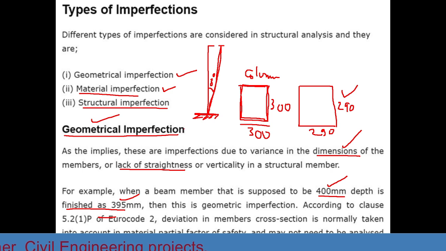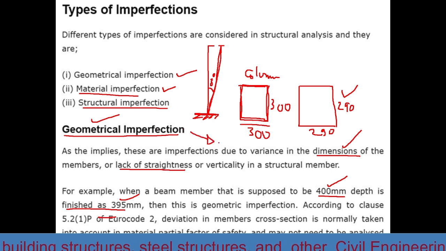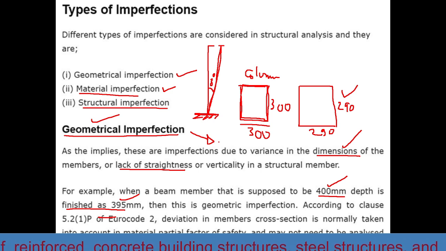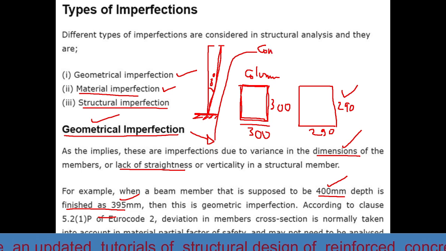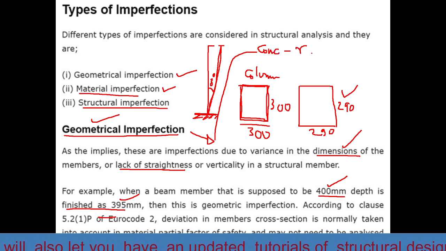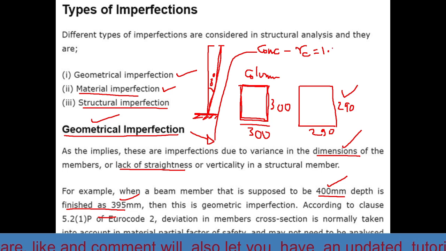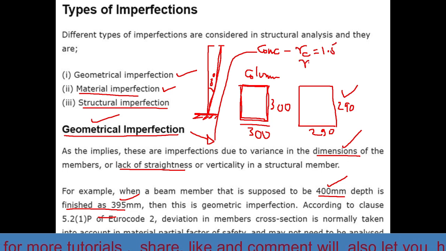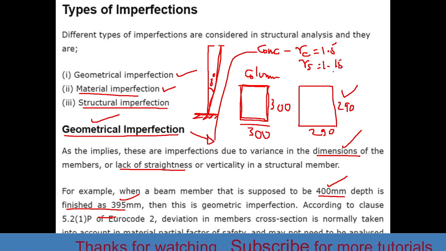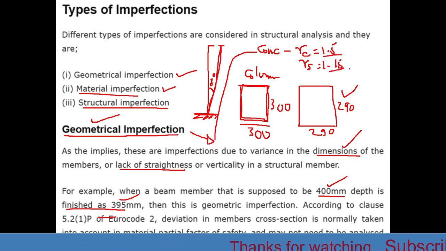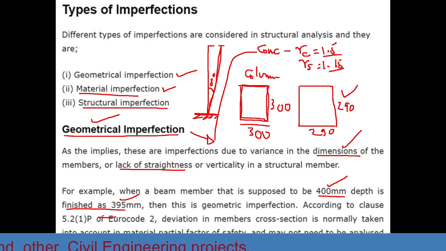So the geometrical imperfection can be accounted for by using the material partial factor of safety. That means for concrete, gamma of concrete is equal to 1.5, and for steel it is 1.15. So the partial factor of safety will account for the problem of the geometrical imperfection.